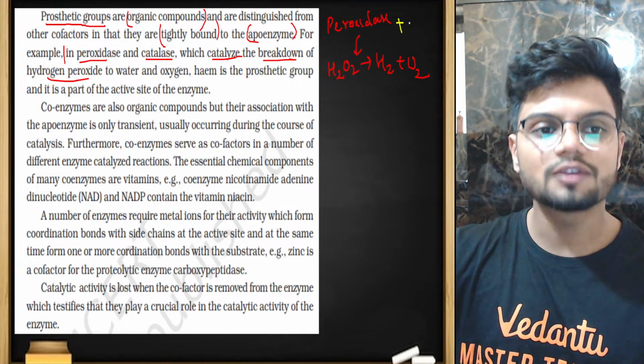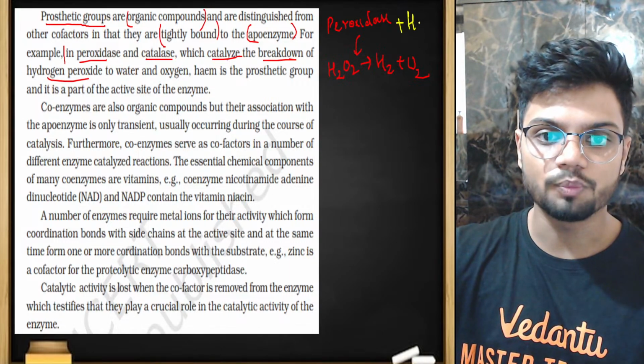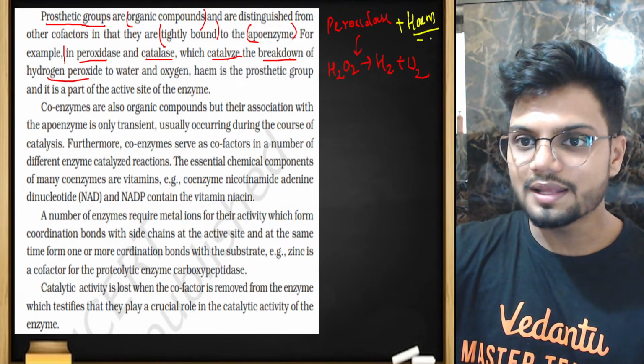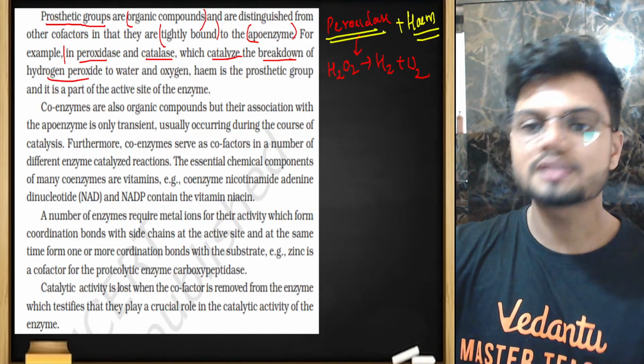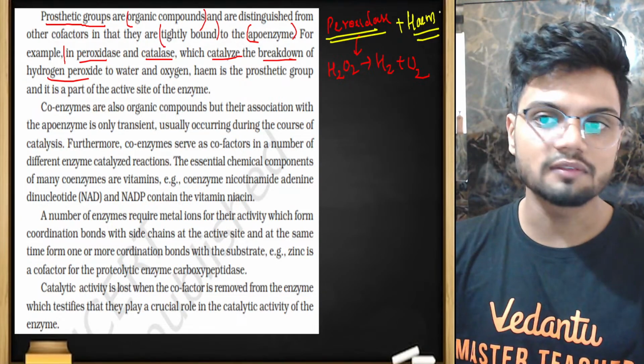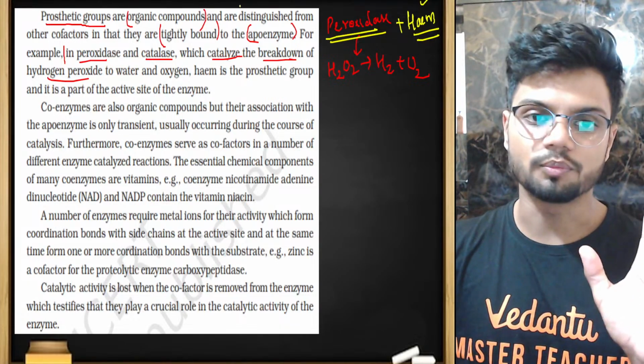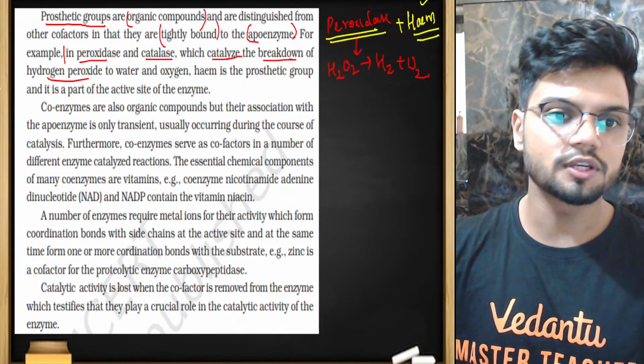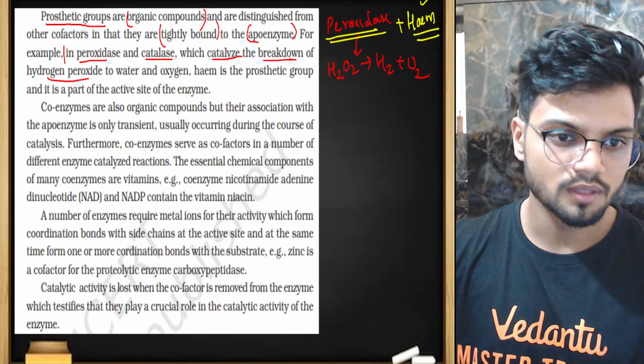And the cofactor or the prosthetic group here is the heme group. So unless heme is there, peroxidase cannot work really well. Heme is the prosthetic group. It's a part of the active site. That is the first one.